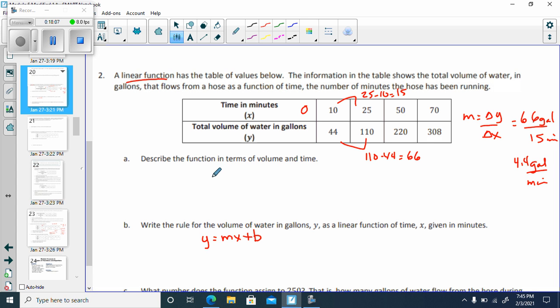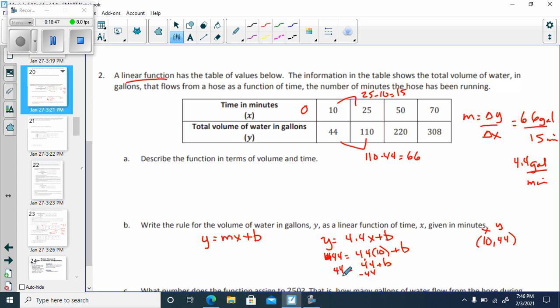Okay, let's put that in here. Y is equal to 4.4x plus b. I'm not really sure what b is here. Why don't we plug in a point? I've got this point, 10, 44. Here's my x, here's my y. And let's see, when y is 44, 4.4 times 10 plus b. We're going to find b by plugging in an x and a y. 44 is equal to 44 plus b.